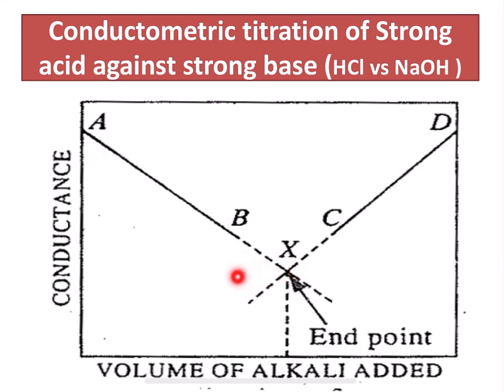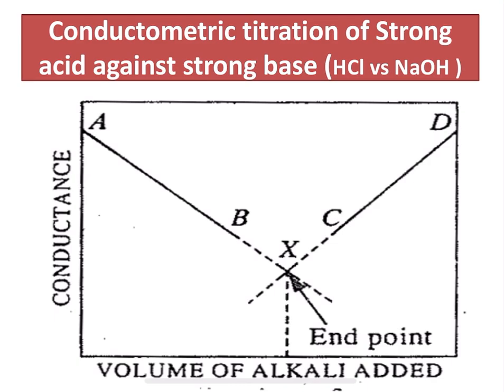All the HCl is converted into sodium chloride and water molecules. Next, if we keep on adding the titrant, that is sodium hydroxide, it is a strong base and also a strong electrolyte. It will completely get dissociated into Na plus and OH minus, and it has the capacity to carry the current in a faster way compared to NaCl or anything else.